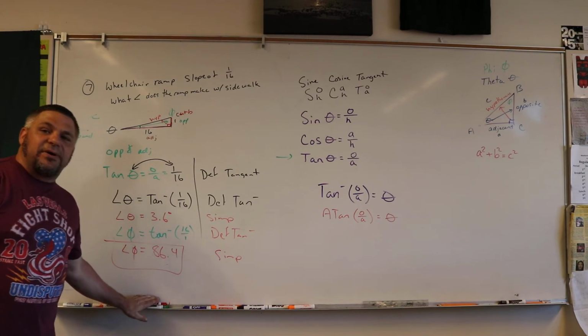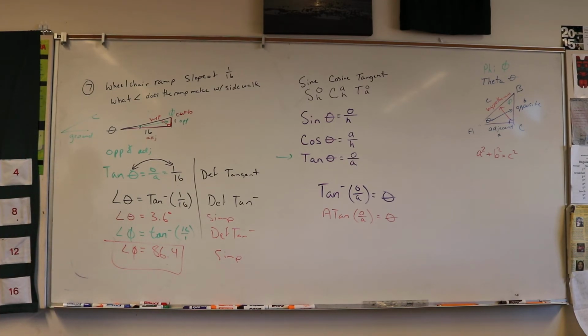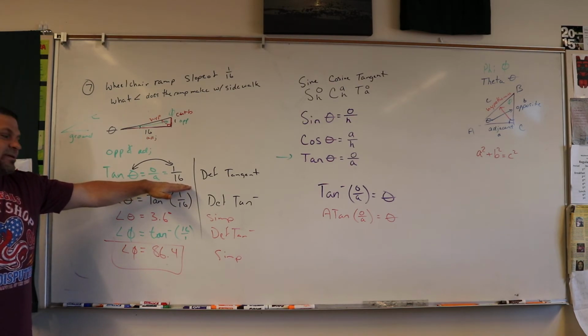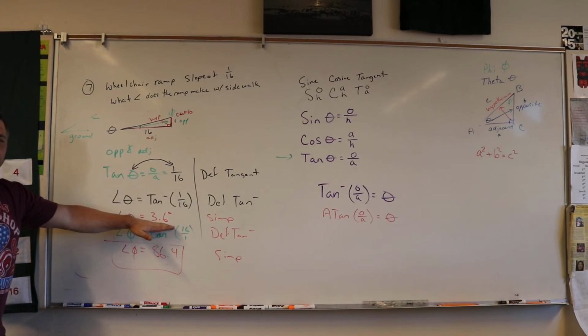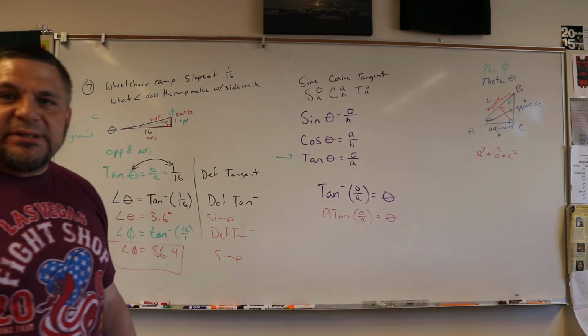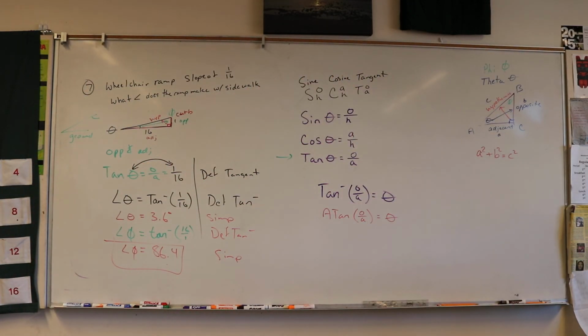Now, if they have on the state test, A is 1/16, B is 3.6 degrees, C is 16, and D is 86.4, then obviously we want D, 86.4. Does that make sense? All right.